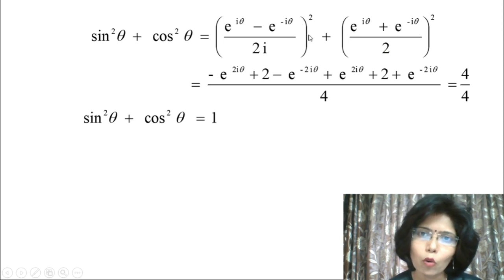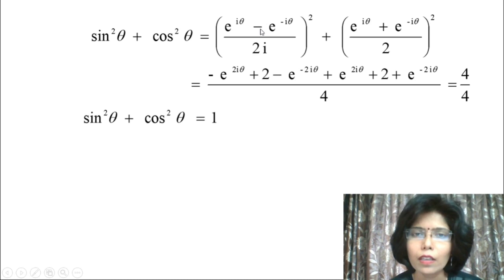So if we open this bracket, we can write it as e raised to i theta square, means it is e raised to 2i theta. Again here it will be plus e raised to minus 2i theta and minus 2. But in the denominator there is a 2i.